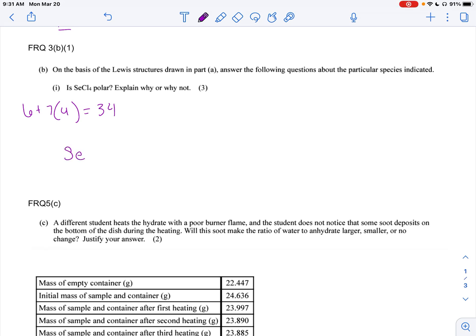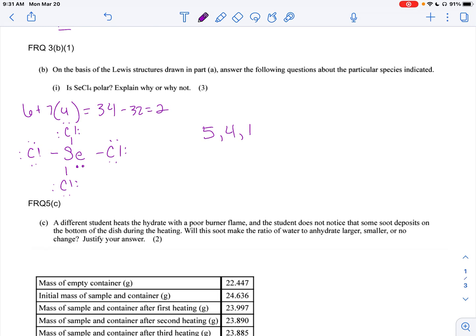So you would have Se in the middle, 4 Cl's. And that gives us 32. So we have 2 left over. So we have a lone pair. That gives us 5, 4, 1, which is a trigonal bipyramidal.